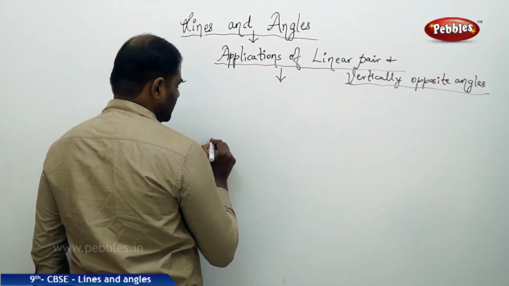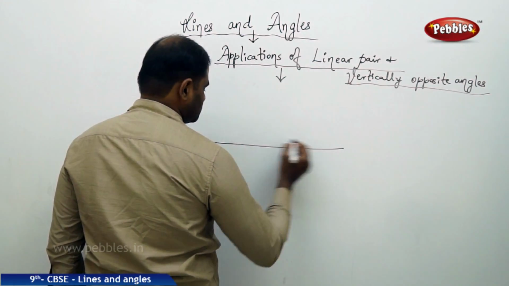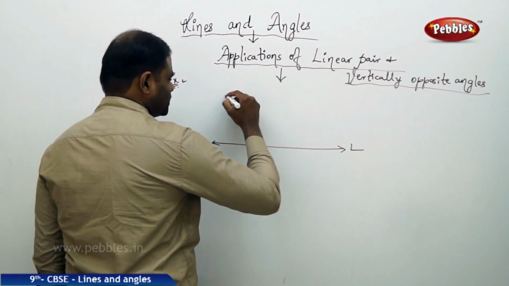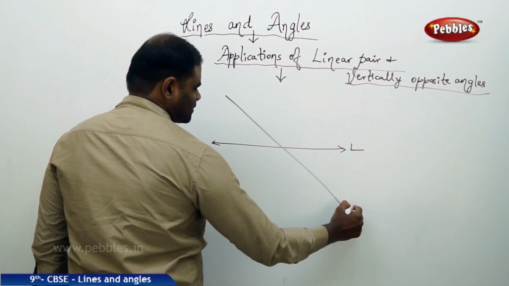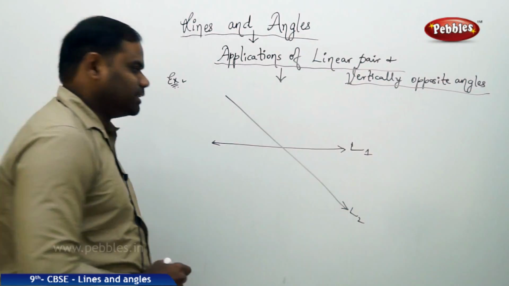Say for example, I have a line L which intersects another line L2, and there is a ray passing by out here.